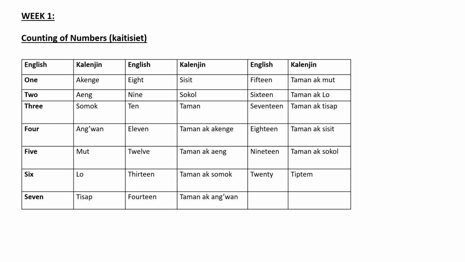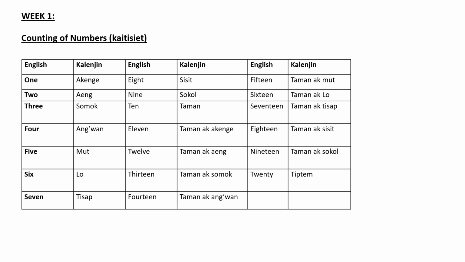So in this case, for example, 21 will be tiptem ak agenge. 25 will be tiptem ak mood. 29 will be tiptem ak sogol.